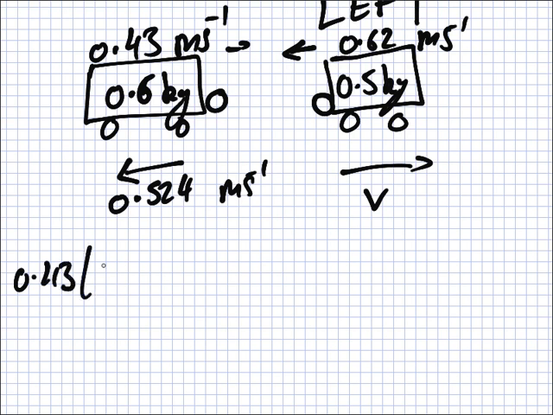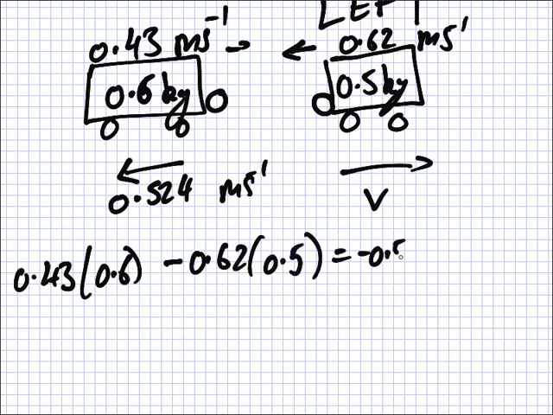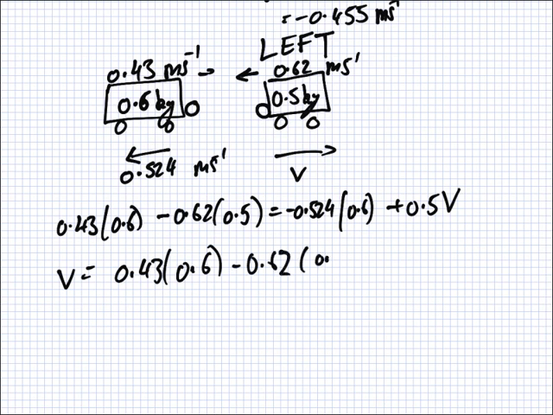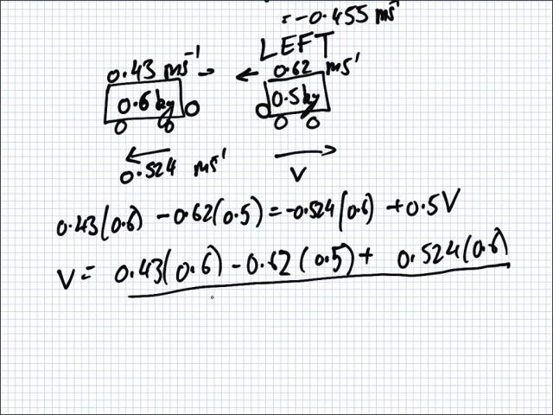M1 U1, so 0.43 times 0.6 minus 0.62 times 0.5 equals minus 0.524 times 0.6 plus 0.5 V. So then V will equal 0.43 times 0.6 minus 0.62 times 0.5, it should be negative, plus 0.524 times 0.6, all over 0.5. Now, what do we get here?